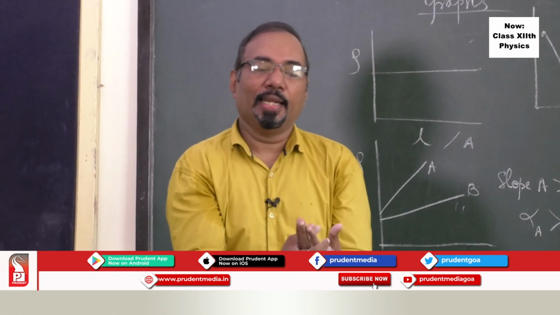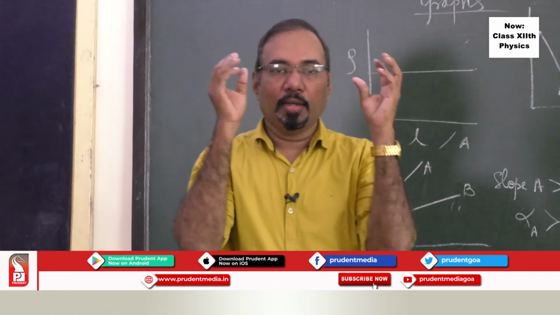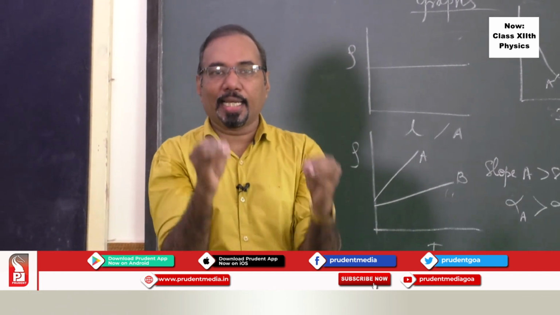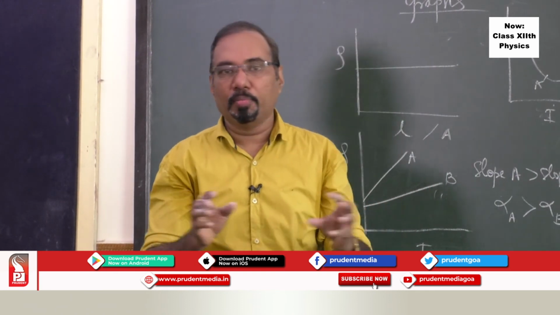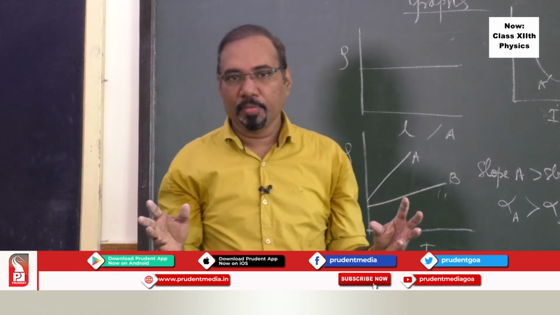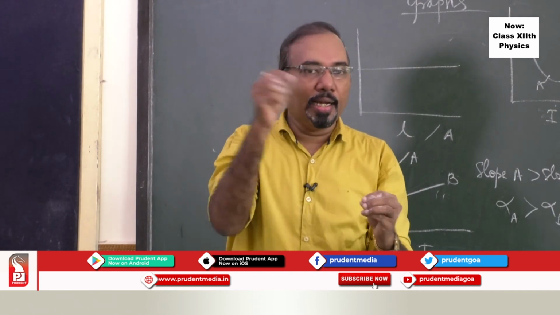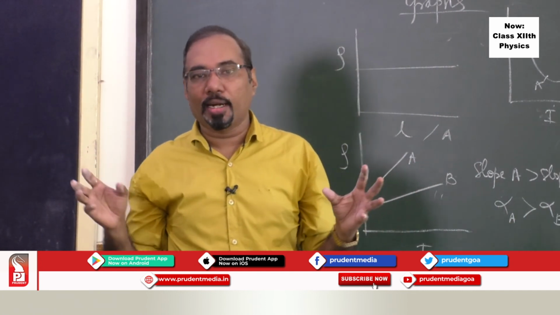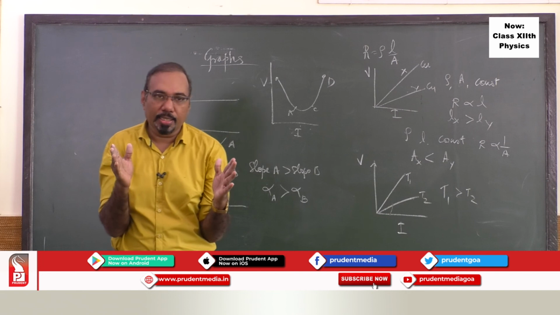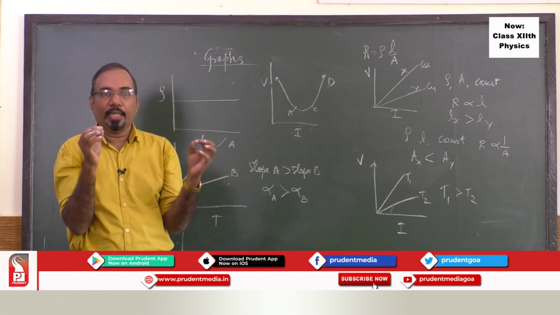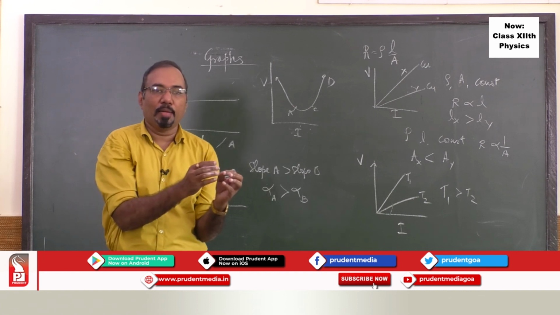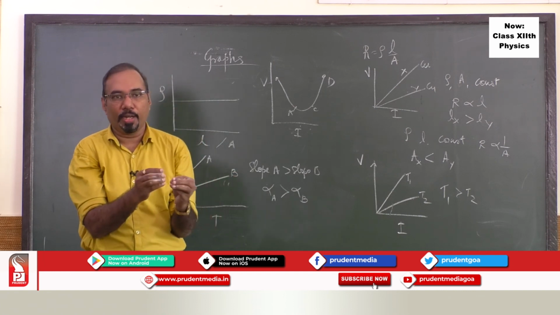In a nutshell, let me tell you, when the conductor is there, in the conductor electrons are in motion, but they don't amount to current. They are in random motion, they don't amount to current. Once the potential difference is applied, an electric field sets up in the conductor, and electrons move towards the higher potential in the presence of the electric field.